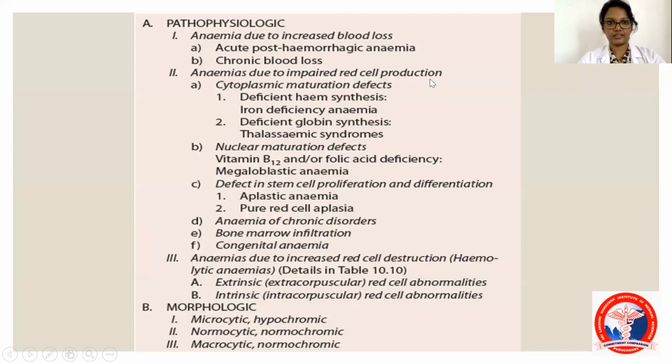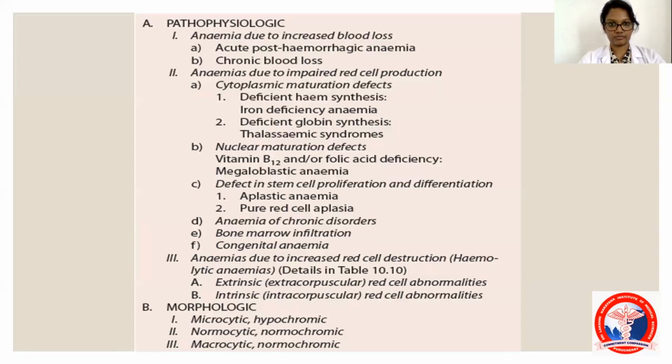This can be a cytoplasmic maturation defect, a nuclear maturation defect, a defect in stem cell proliferation and differentiation, anemia of chronic disorders, bone marrow infiltration, or congenital anemia. Next is anemia due to increased red cell destruction, which is also called hemolytic anemia. This can be either extrinsic or intrinsic.